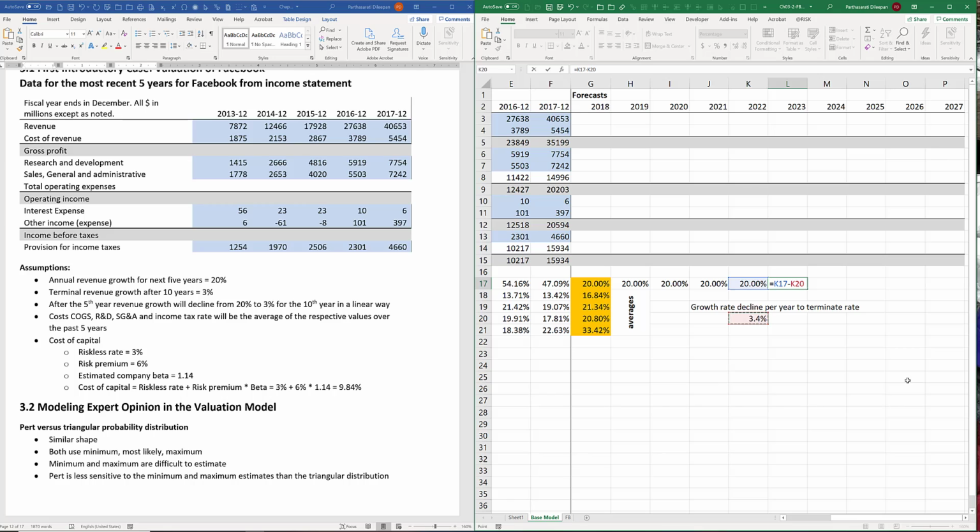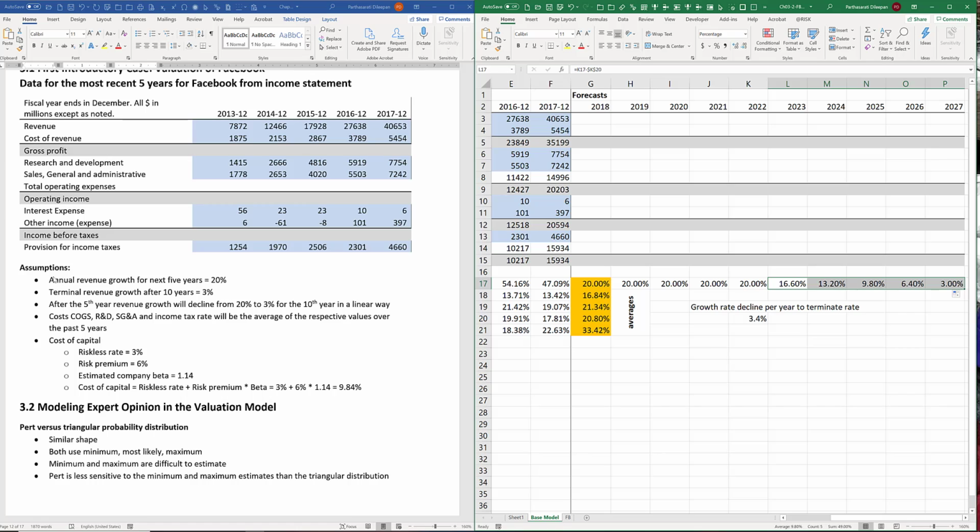So K17 minus K20, and the K20 must be absolute referenced. So you can copy. Okay, so at the 10th year, it'll be 3%, and after that, it'll remain 3% going forward.